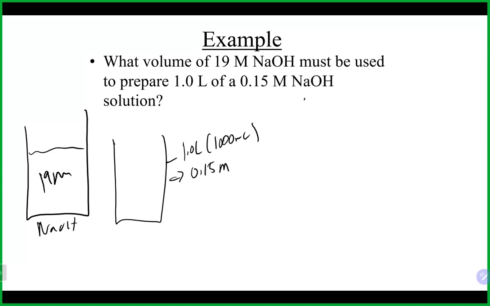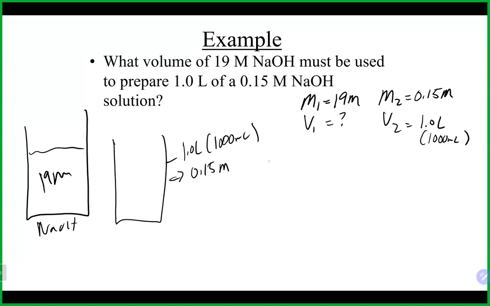Usually the more concentrated number is M1, so that would be our 19 molar. We don't know V1. We do know where we want to end up, which is at a concentration of 0.15 molar. And we do know our final volume that we're looking for is 1 liter, or again, 1,000 milliliters, whichever way you want to do it in this case.